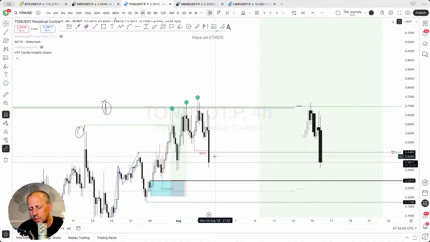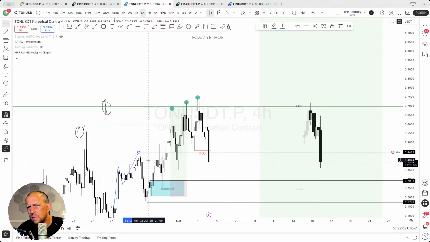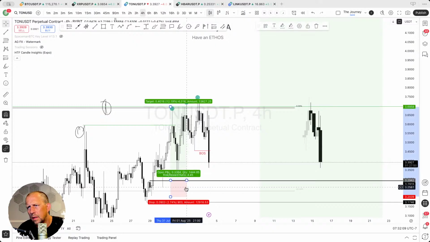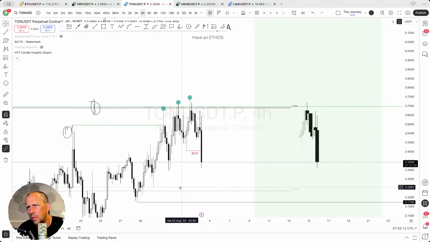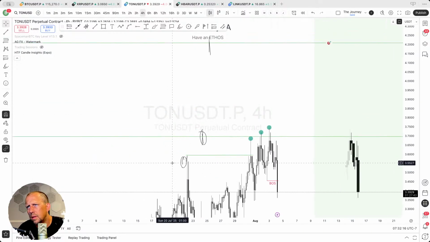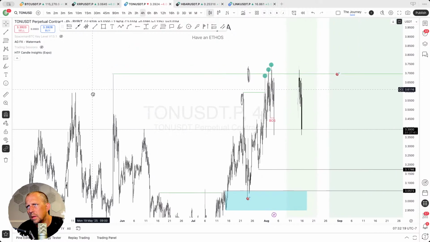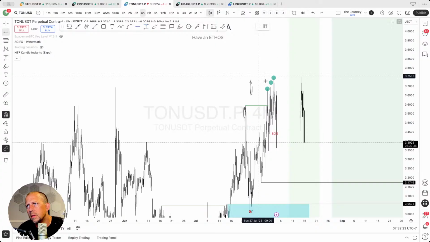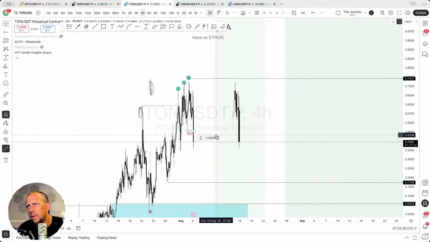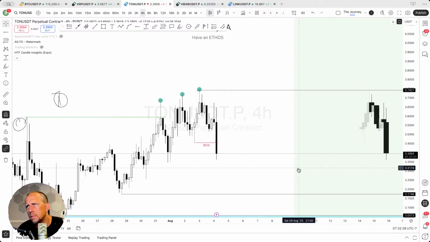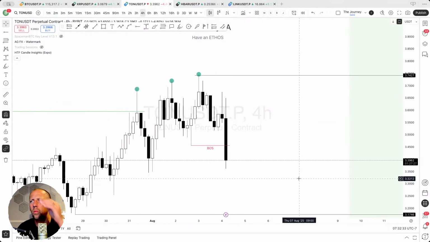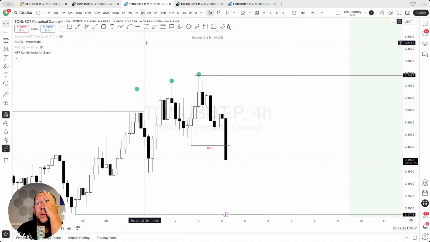Let's go clean some of this other stuff up. Not so sure we can rely on that anymore. Let's get that out of the way. Okay, let's adjust this to here now. Oh, let's just put a ray on it instead. What else is losing 4-hour market structure this morning?